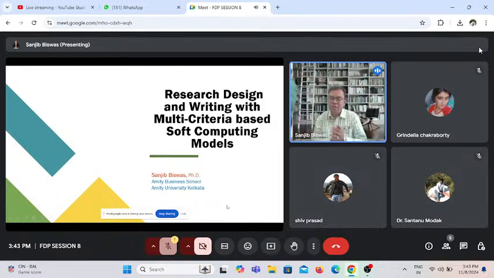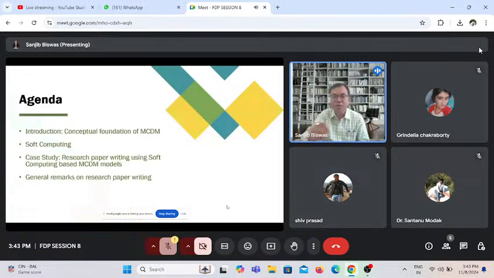So with this little bit of experience, I have set this topic: research design and writing with multi-criteria modeling. My agenda would be, first of all, I would give a conceptual foundation of multi-criteria modeling, then a little bit about soft computing.